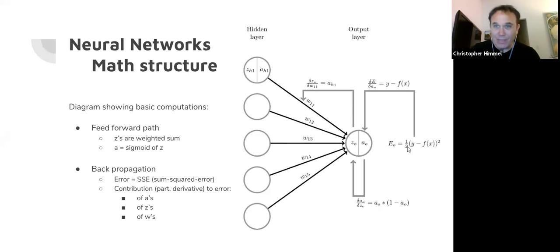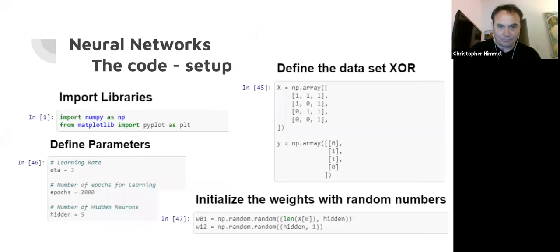So what is that contribution? What we do is we take the partial derivative with respect to the error. So that is the definition of partial derivative, is the contribution. Okay, so let's get into the code at this point before we go deeper into the back propagation.